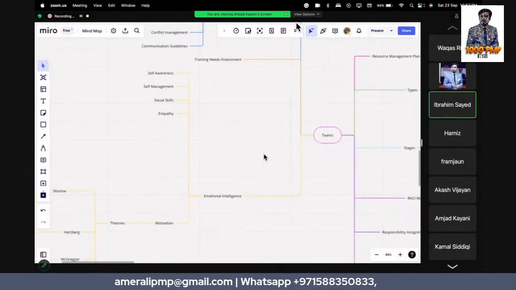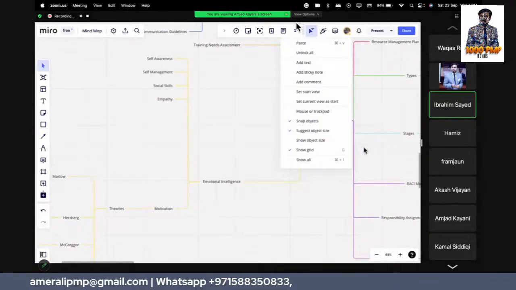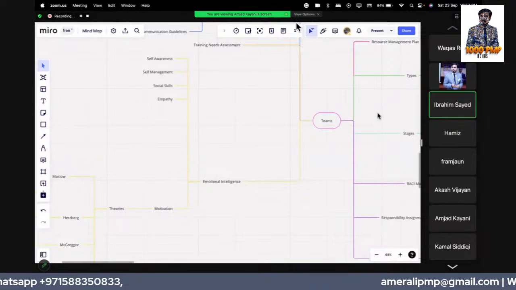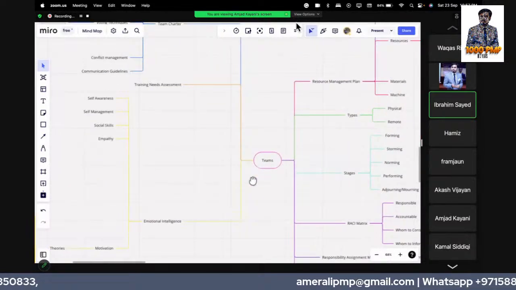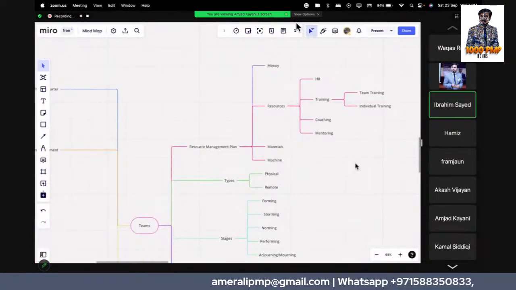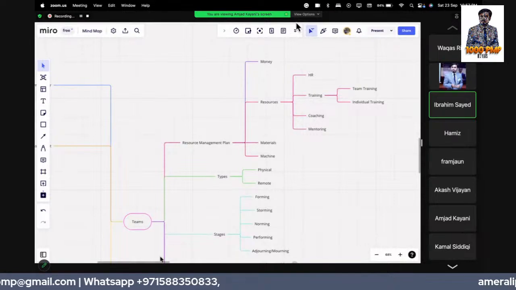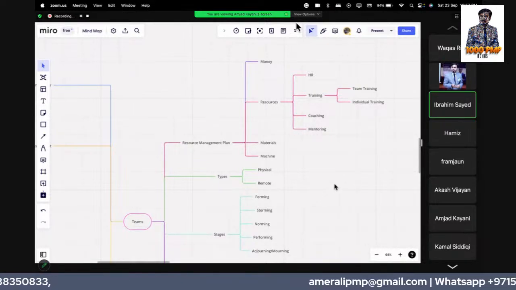And on the right side, there is the resource management plan for the team. In that, we identified the 4 M's: material, money, machines, and manpower.